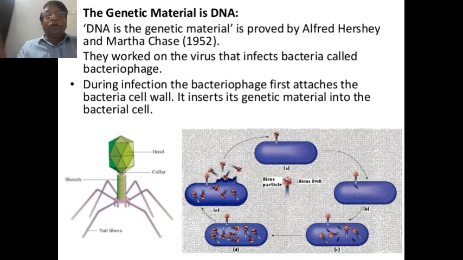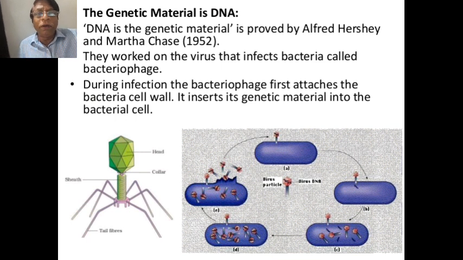Next, further experiments were conducted by different scientists to prove that DNA is the genetic material. In Griffith experiment, some transforming principle was responsible for transformation of R strain into S strain, that we came to know.